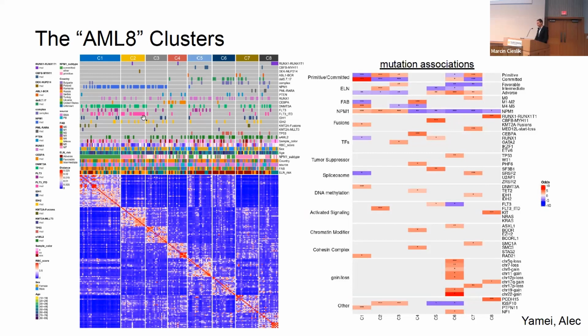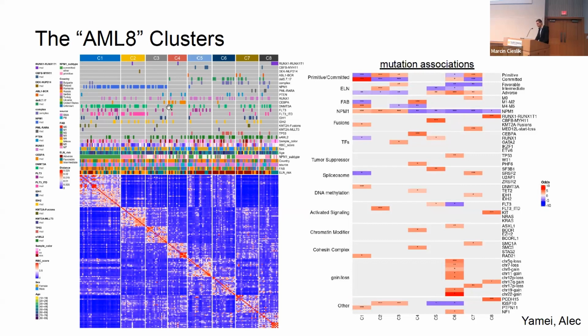FLT3 ITDs are not used to define a genetic subset of AML, but previously were thought to be rather disparate in their molecular and clinical behavior. But we can see that the joint presence of NPM1 mutations and FLT3 ITDs is what genetically defines cluster number 2.